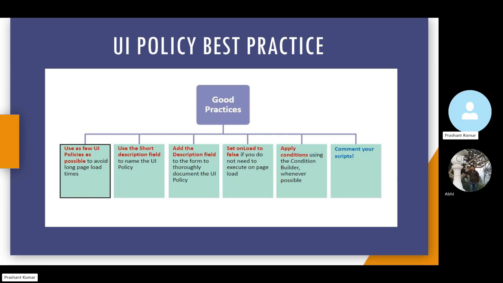And now under short description, we can define what the UI policy does. The description field mostly is not present in the form, but it is not required much either. We can set onload to false, so if you don't want to execute the UI policy on form load, you can just uncheck it. And we can apply the condition using the condition builder we have seen already, right?